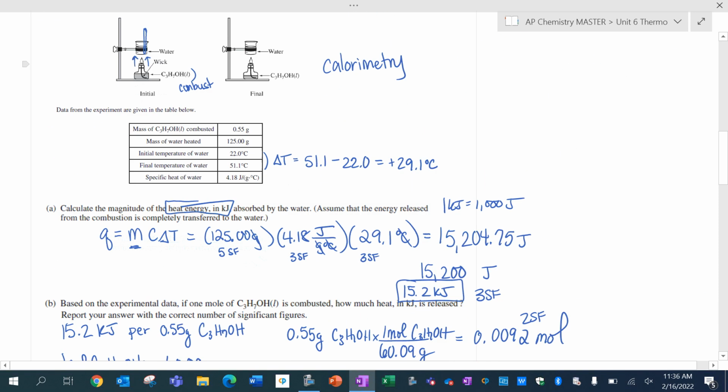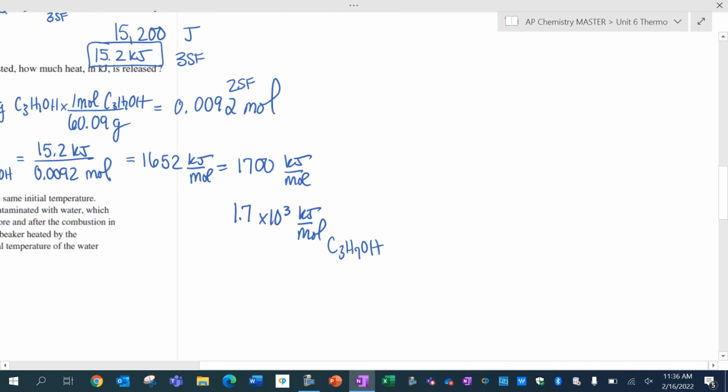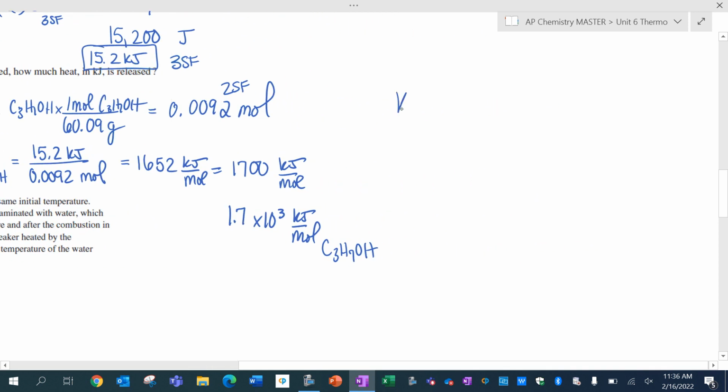So let's do a little side note off to the side. This is not what the question was asking us for, but if it had asked for energy per mole reaction instead of energy per mole propanol, then I would need to take my number here. So it's 1700 kilojoules for every 1 mole of propanol. That was the answer we just found. That was the answer to the question.